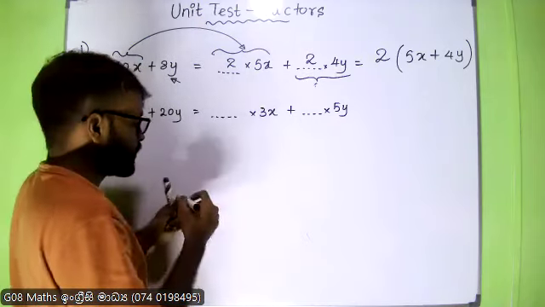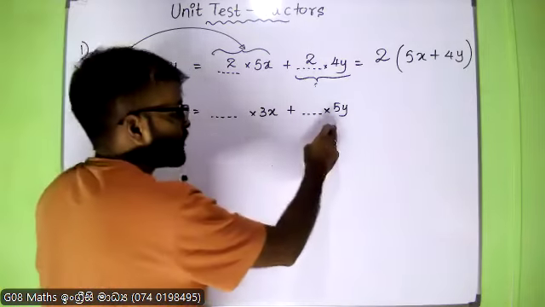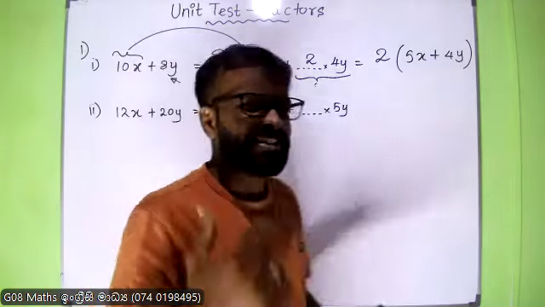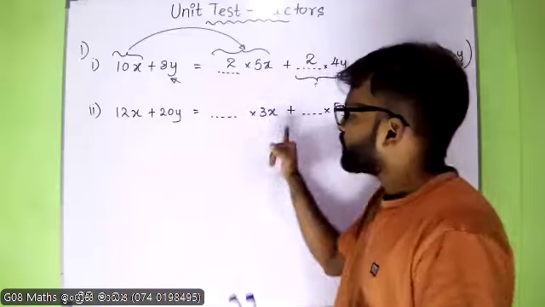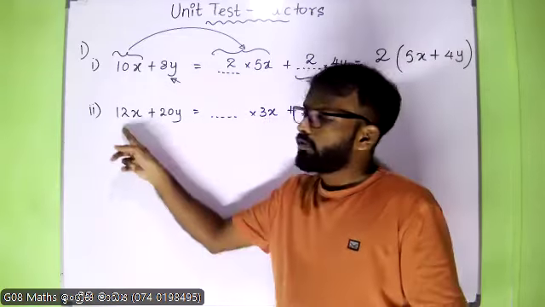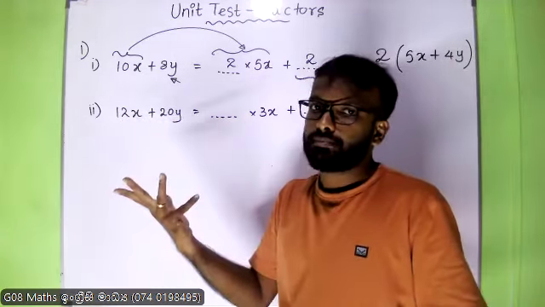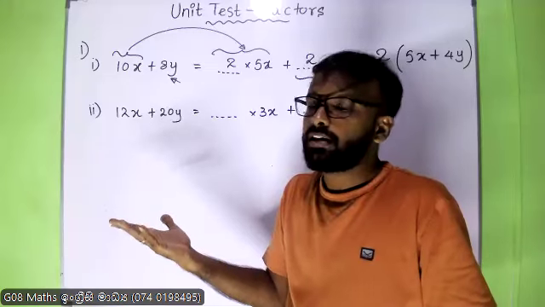So 12 has become 3, 20 has become 5. That is another way. But when we go to this side, 3 should be converted into 12, 5 should be converted into 20. Very easy, right?